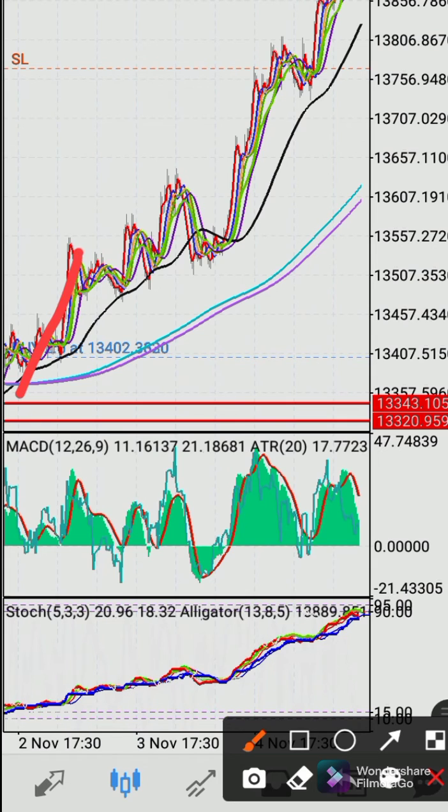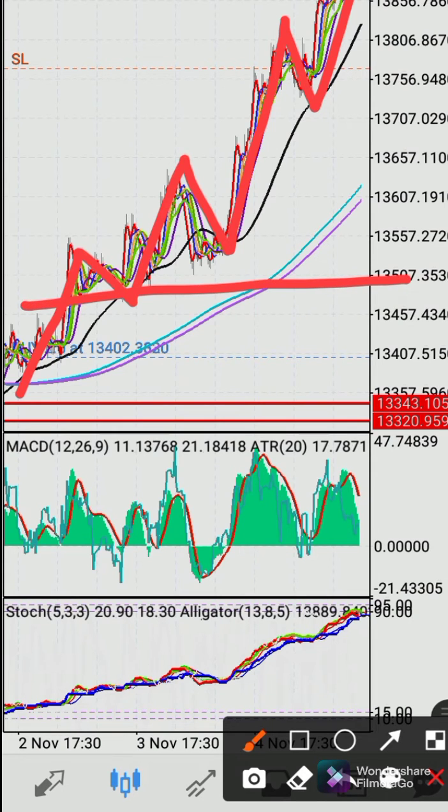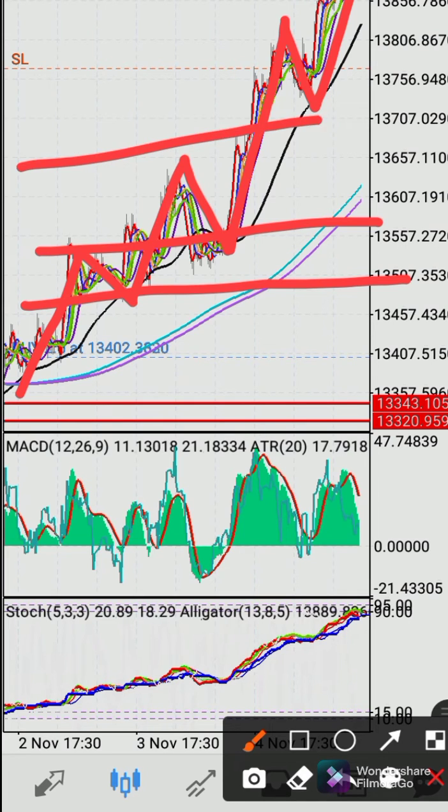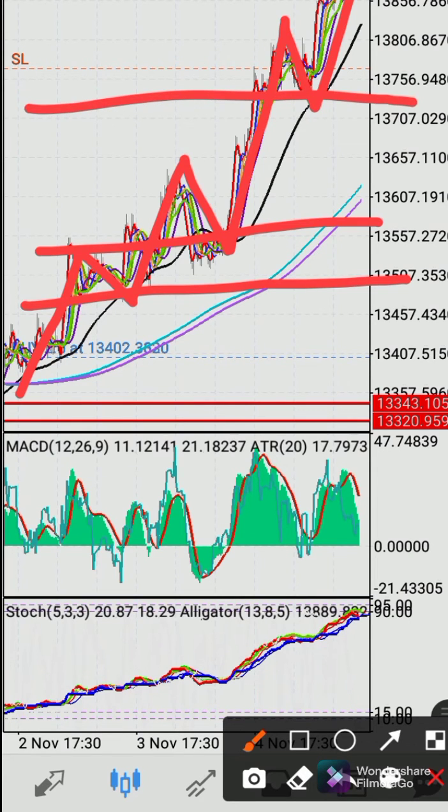This is a trend, pullback, trend, pullback, trend, pullback, trend. This is why we place the stop loss below every pullback. Okay, this one is not correct. Below every pullback, that's where you'll be placing your stop loss.